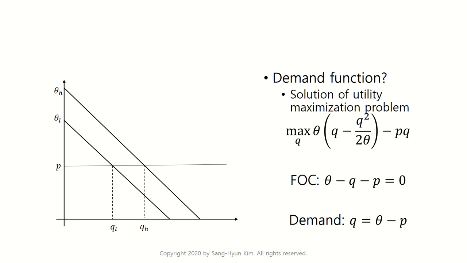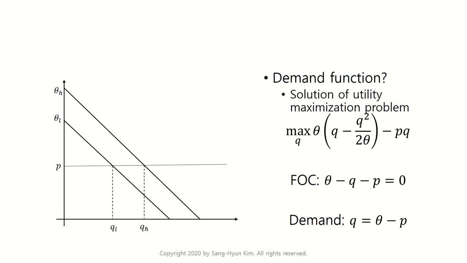You have seen this linear demand function in many economics courses, but maybe it's the first time you have seen this demand function derived from this quadratic utility function. You can see the demand functions on this diagram.